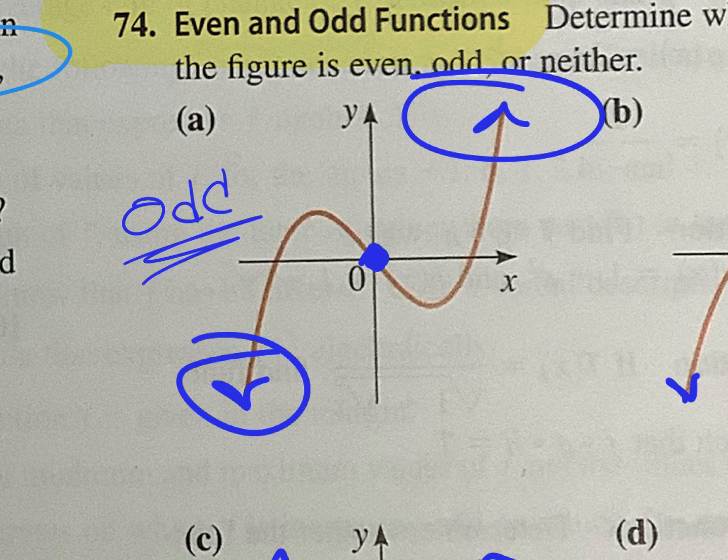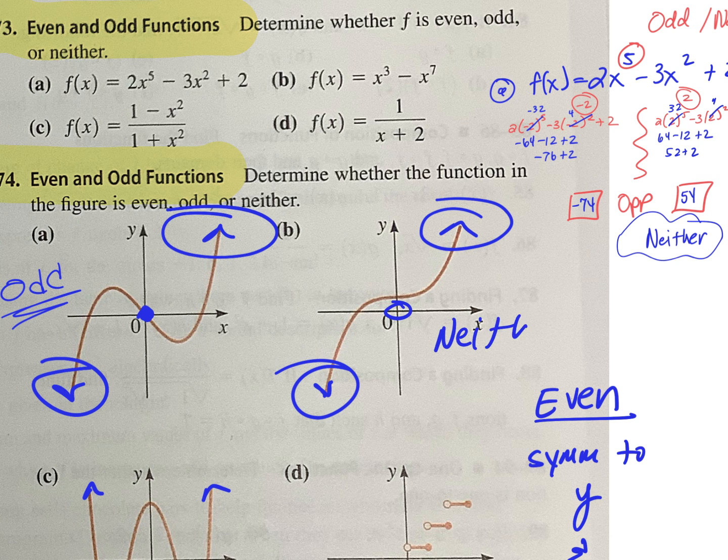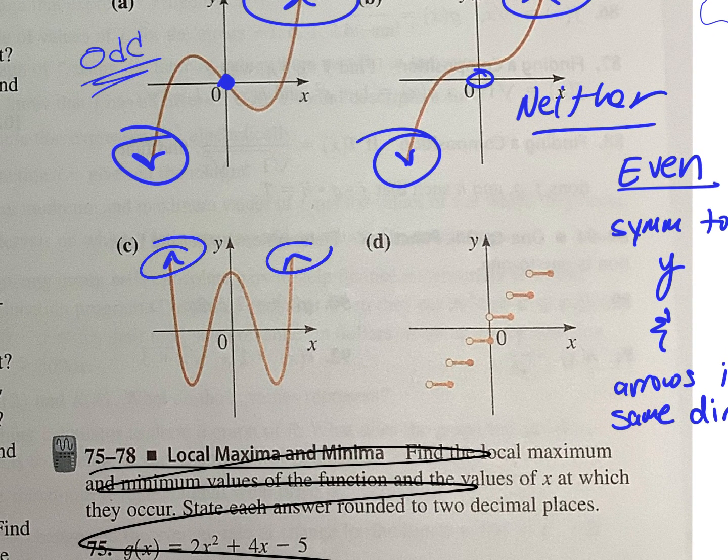Good. All right, look at the next one. Look at the ends. Opposite or the same? Opposite. Okay, so I think it might be odd. Does it go through the origin? So this function is odd. Good. All right, look at the ends. What's going on here? Same direction. So if it's the same direction, I think it might be even.